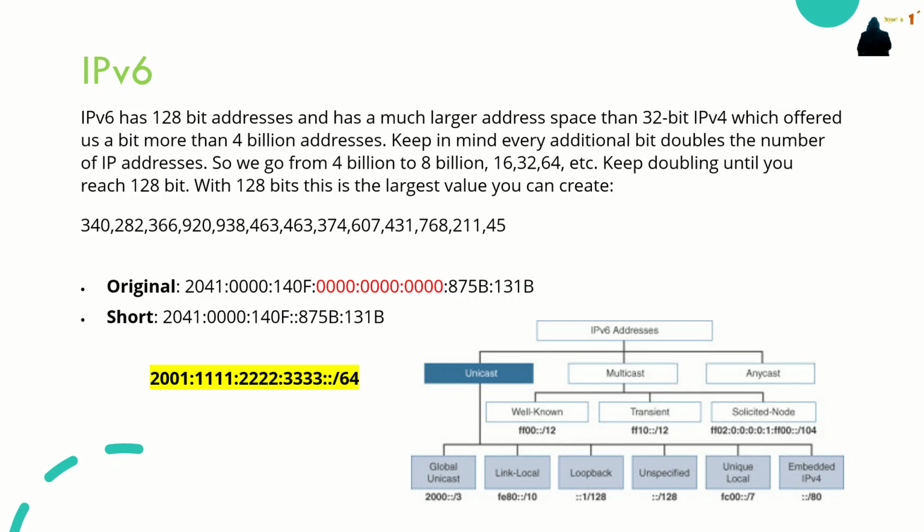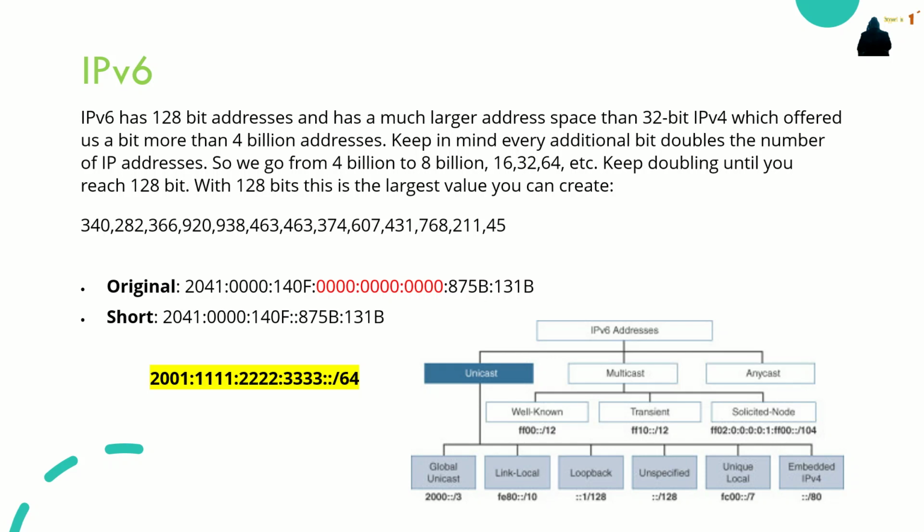Because as you can see, in IP version 4 we have only 4 billion addresses in the world, but we have maybe 8 or 9 billion people right now in the world. And in this situation, we need a new system of IP addressing.